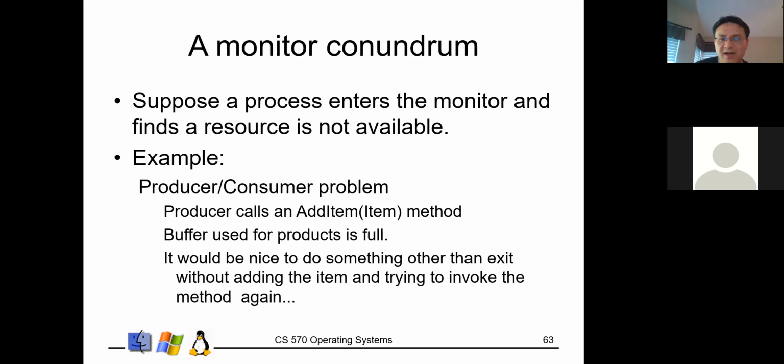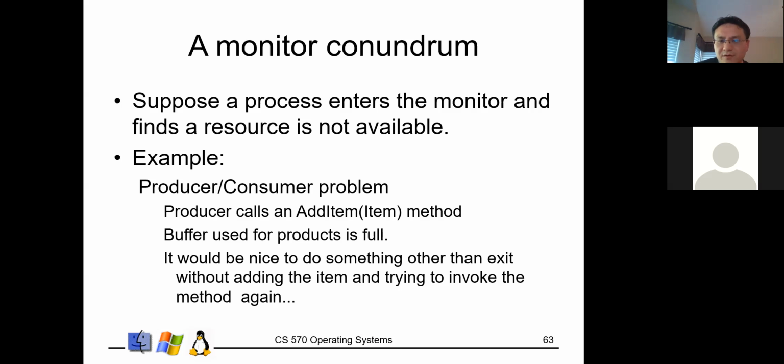So in the semaphore case, you would do a wait operation, or decrement that semaphore to see if it is still equal or greater than 0. If that's the case, the resource is still available, then you can try to access the data. Here, I just talked about entering the critical section in the monitor to access the data.